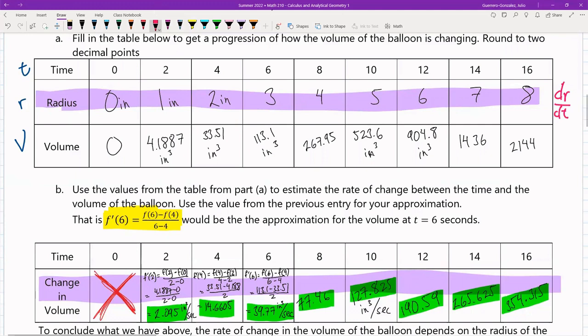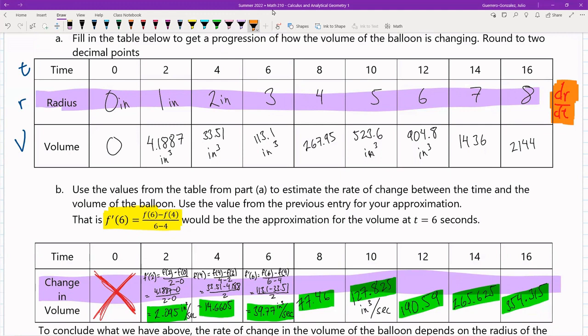We have a rate of change in the radius with respect to time. This expression was given from the description of the problem. We know that dr/dt is 1 inch every 2 seconds, or equivalently, half an inch every 1 second. So just keep that in the back of your head for now.